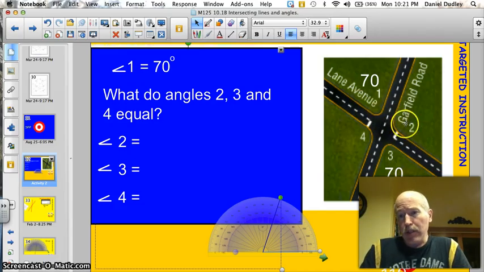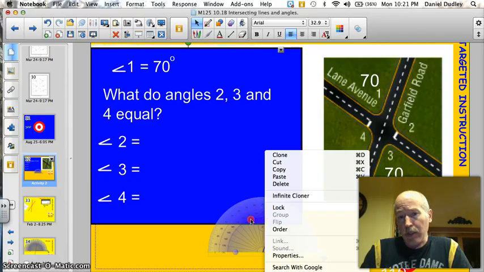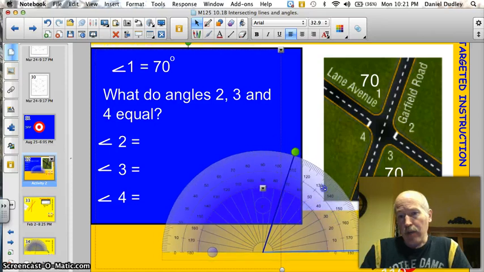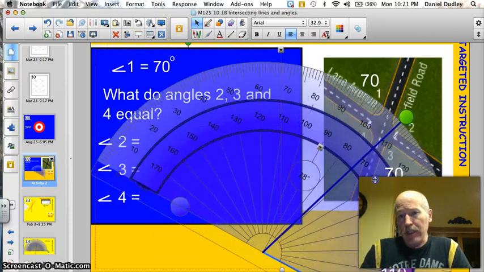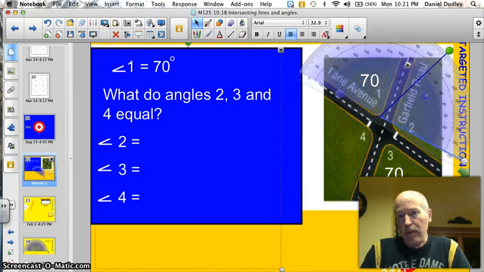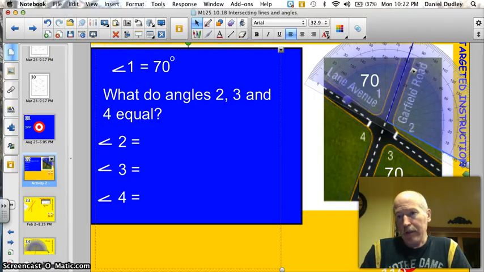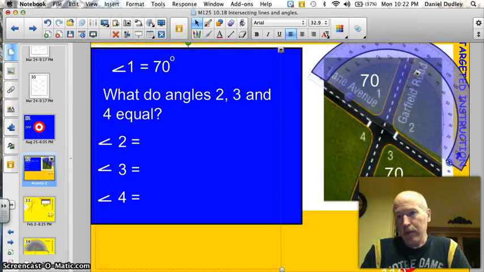If you think about these two angles here as being a half of a circle, like a protractor like this guy down here, and you were to lay this on there, and you found out the measure of the one angle is 70, then the other angle will be the balance of 180.